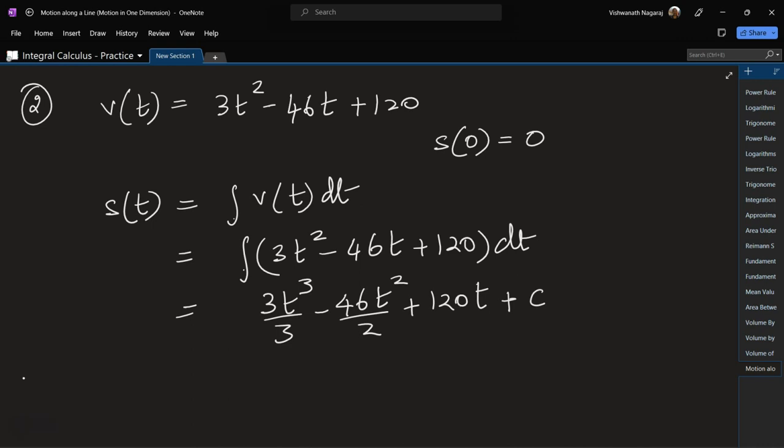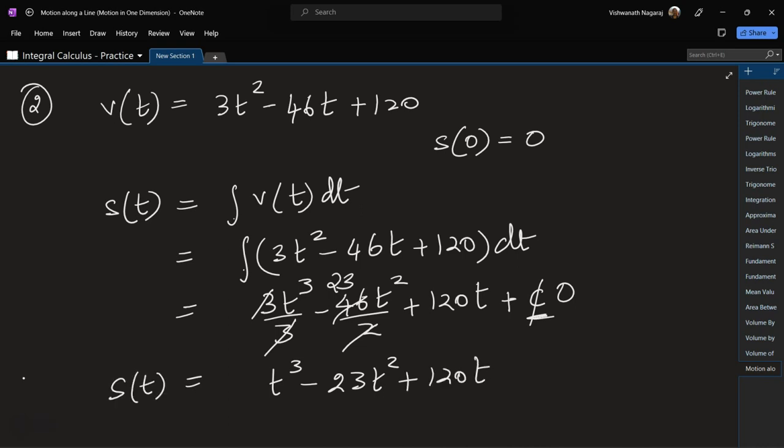But since s of 0 equals 0, c will become 0. So if we do the necessary cancellations, we get t cube minus 23t square plus 120t as the displacement.